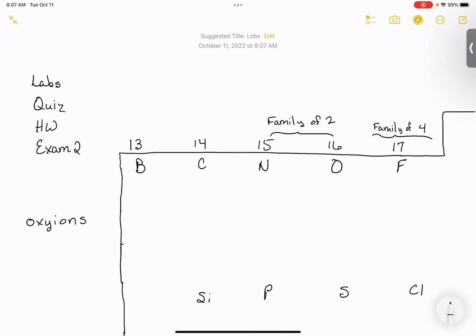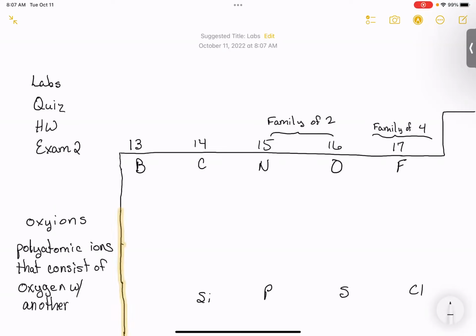Basically, these are going to be polyatomics that consist of oxygen and another element. And I'm actually going to talk about only period 2 and period 3.